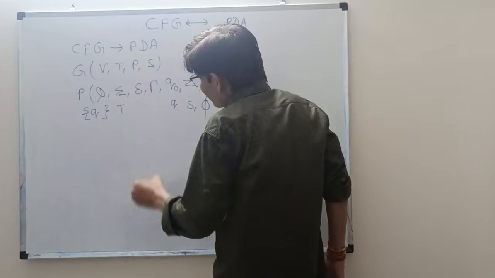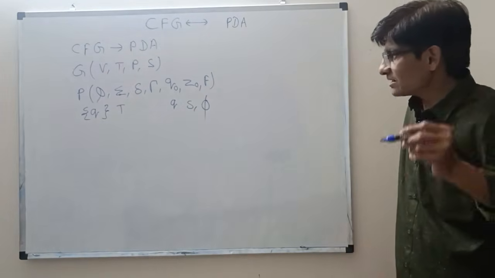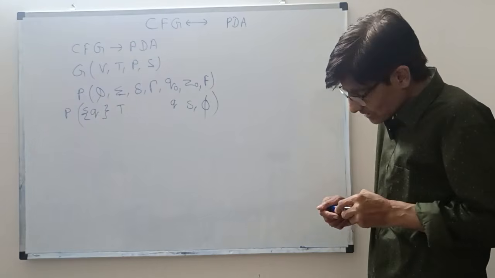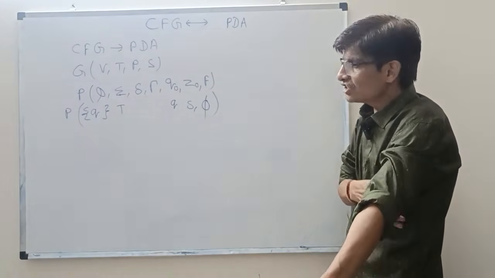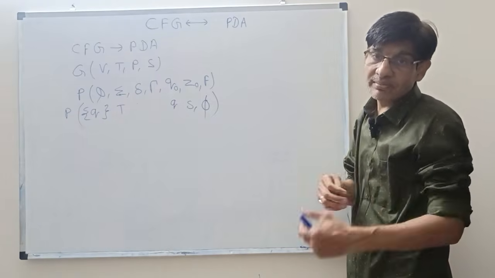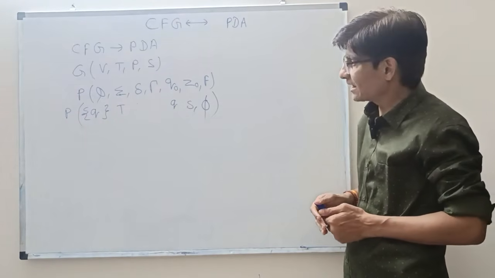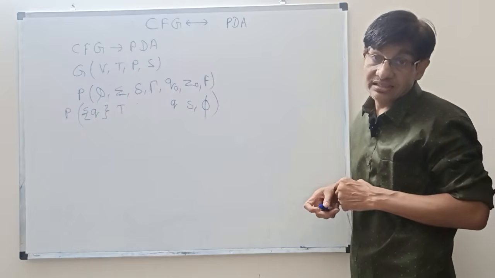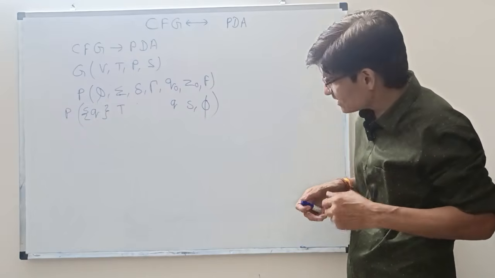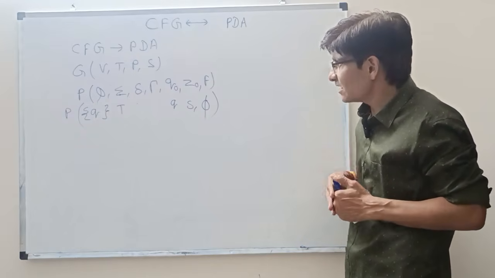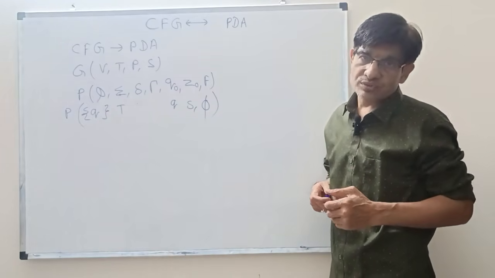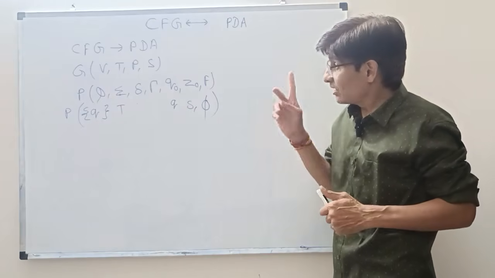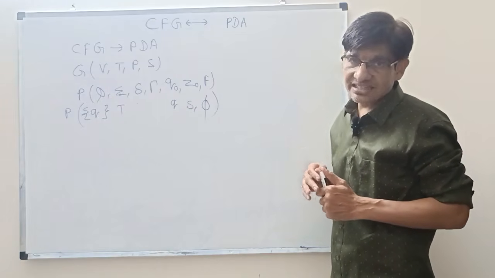Now what would be the gamma? So this is very interesting. Suppose friends, when you are converting any grammar into PDA, this grammar may be in two different forms. It may be in GNF, or it may not be in GNF. As we have studied two normal forms of the CFG, which are GNF and CNF.